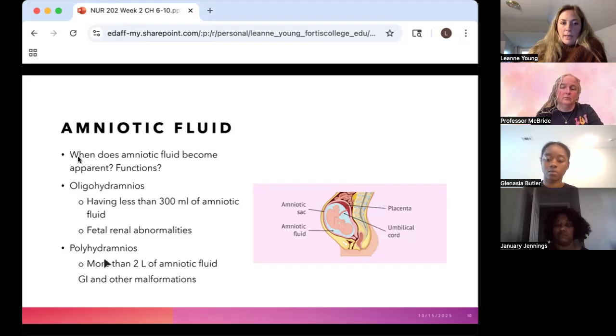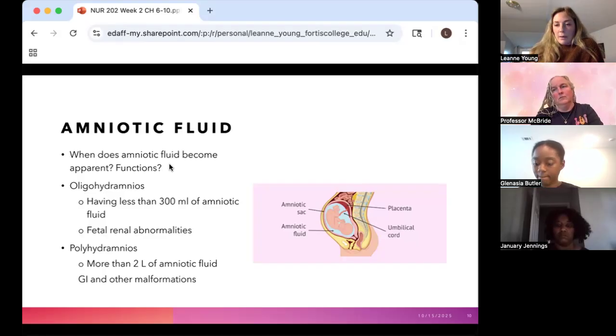And then poly is whenever you have too much amniotic fluid, an excess amount, and that is more than 2 liters of amniotic fluid. And in the infant, this can cause GI and other malformations. Oftentimes, which I can't say all the time because that would not be true, but oftentimes, if a mom has an excess amount of poly, she has something else underlying that can cause that, right? So if your mom is a gestational diabetic, I would not be surprised if she also had polyhydramnios.